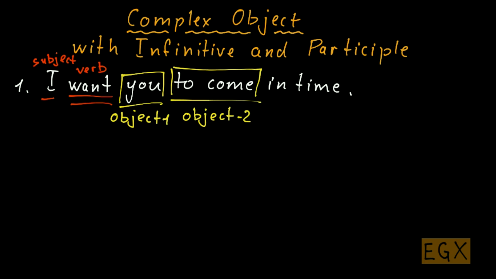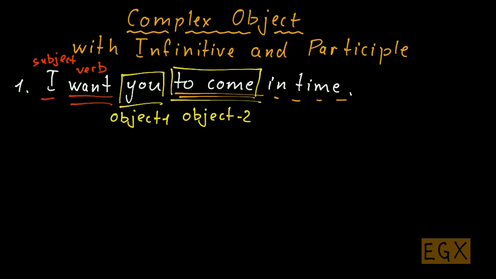And as you see, this object here, it is infinitive. It is full infinitive, present infinitive, whatever you call it, but it is infinitive. And there are some words over there, but that doesn't matter now.